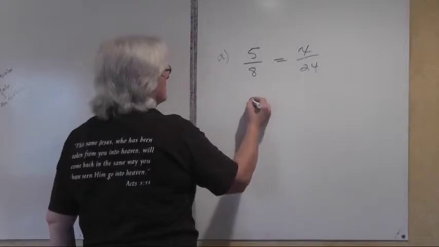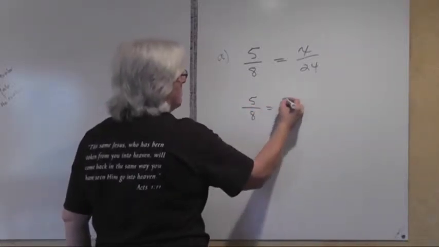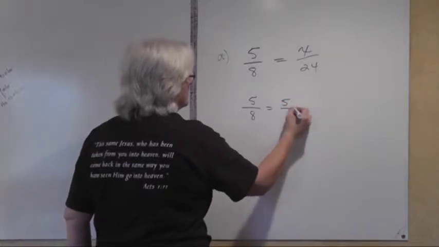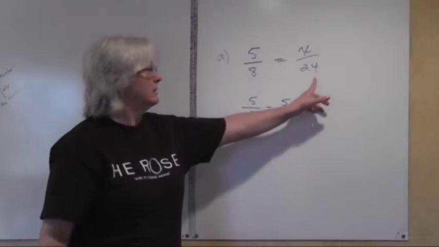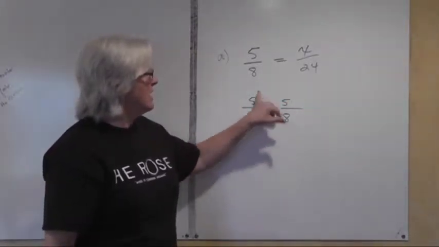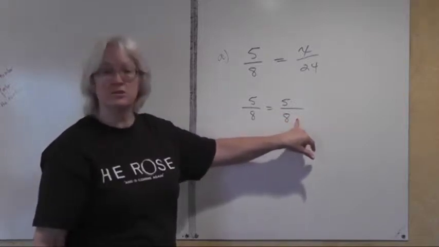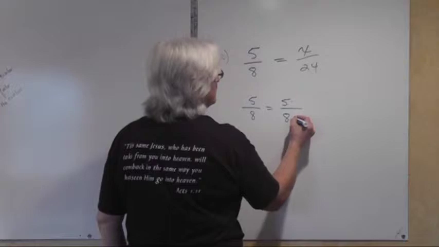Well, they've already multiplied the denominator by something because we've ended up with 24. So we say, okay, 8 times what is going to give me 24? 8 times 3 is 24.